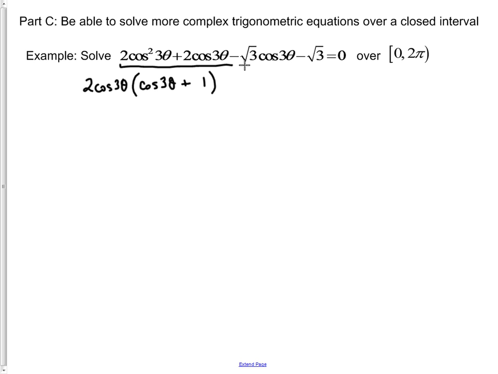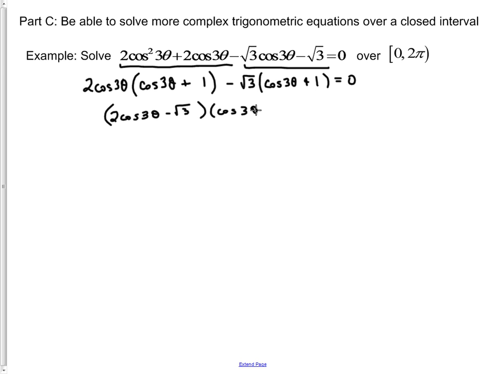Then we look at this second pair of terms right here, and we note that factoring out negative square root of 3, the subtraction of square root of 3, gives us cosine of 3 theta again plus 1. And so now our factorization becomes apparent. We have 2 times the cosine of 3 theta minus the square root of 3 being multiplied by cosine of 3 theta plus 1 equals 0.